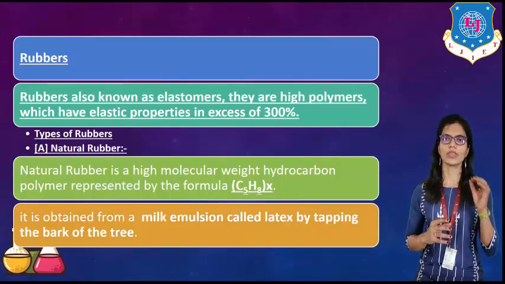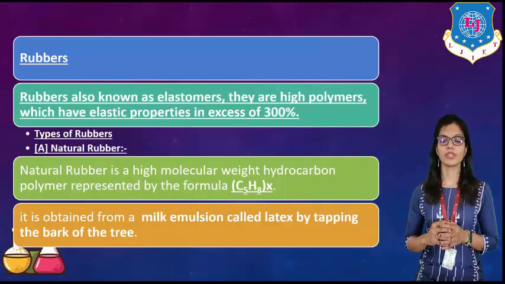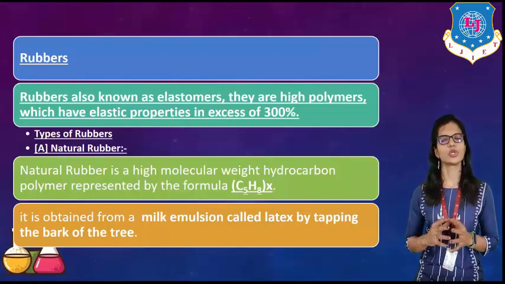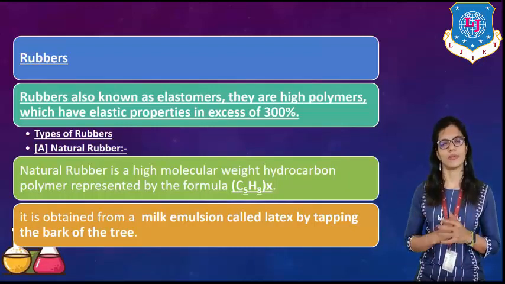This is the monomer. It is obtained from a milk emulsion called latex by tapping the bark of the tree. Hevea brasiliensis is the name of that particular tree from which we obtain the rubber.